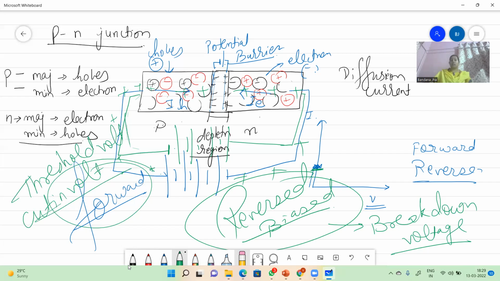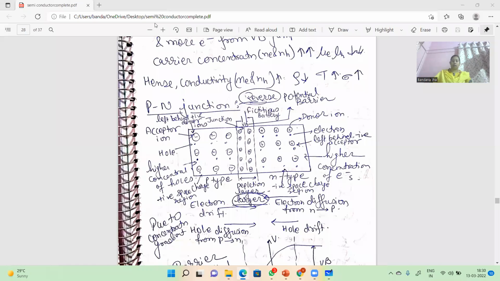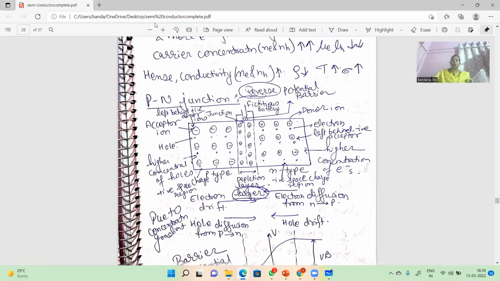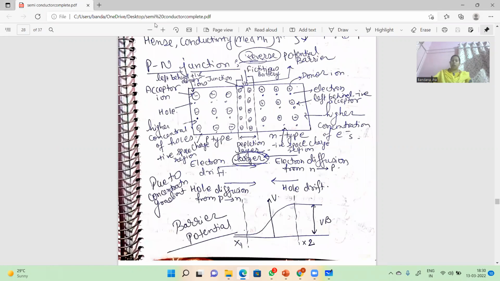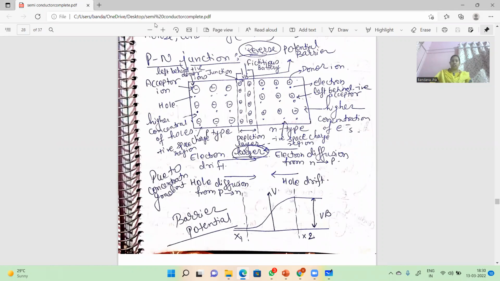Okay, now see the notes. Here we have already studied about the PN junction. It is written very nicely that acceptor ions in P type are what is left behind, that is my electrons.